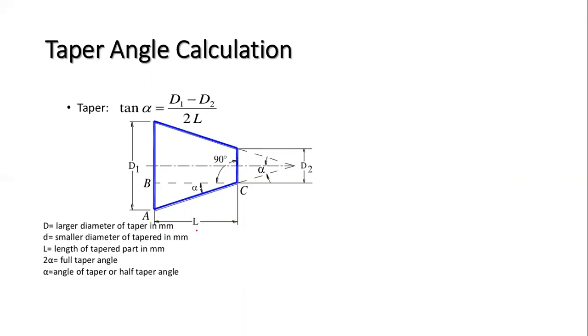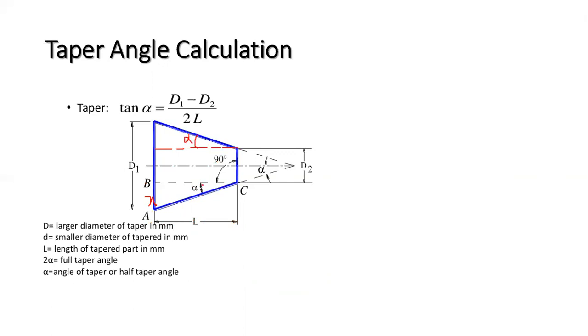You may take any other letter, like X, Y, Z, anything. I'm taking this length as X. If we see this portion, this is alpha. In this portion also we can see another angle, that will be alpha.